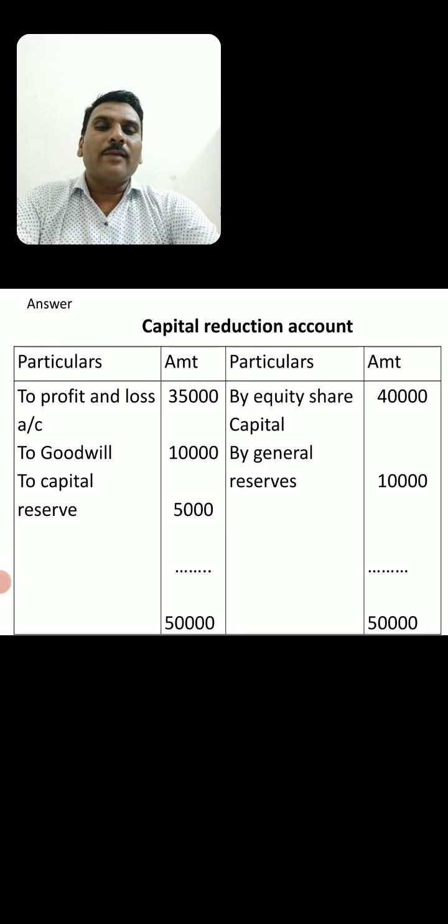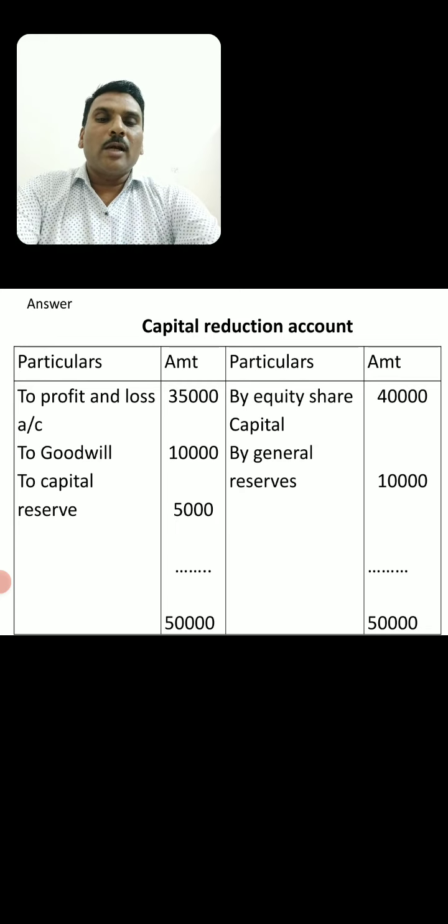So the total sacrifice made by the shareholders and the general reserve is 50,000, which is considered the capital reduction amount. From this 50,000, you have to write off the debit balance of P&L account, 35,000, and goodwill, rupees 10,000. After writing off the P&L account and goodwill, there is a balance of rupees 5,000. Such balance is to be transferred to the capital reserve account.